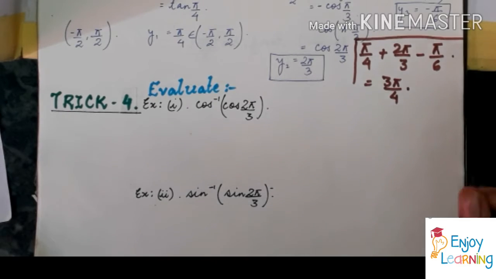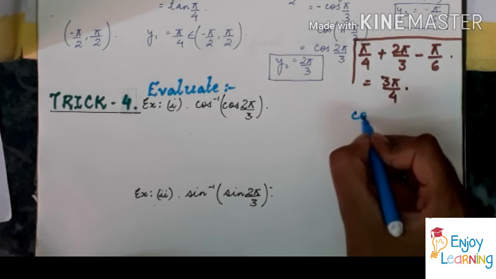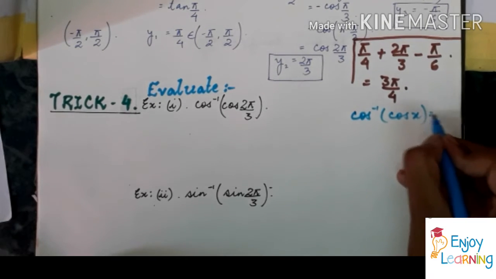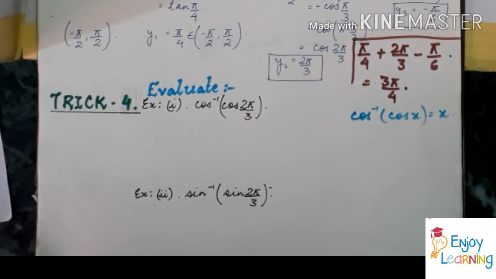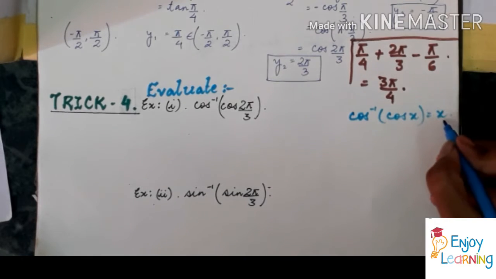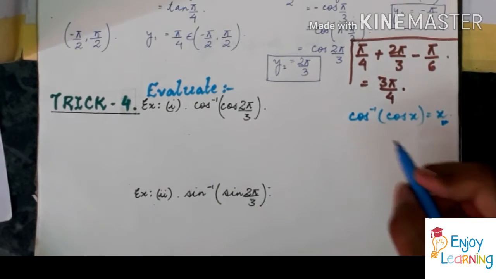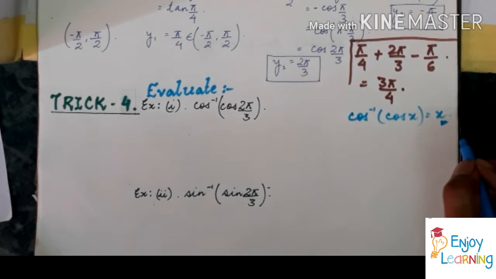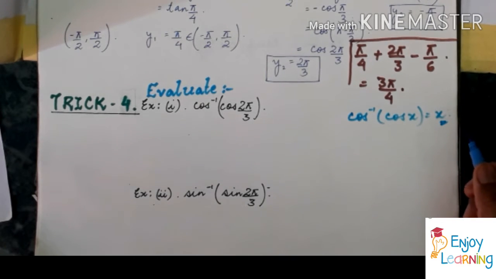Okay, so for this function, the property which is used is cos inverse cos x is equal to x. But what is the trick to remember in this question? You have to remember in which range the value of x must lie, so that this property could be used. So for cos x, x should be in between 0 to pi.